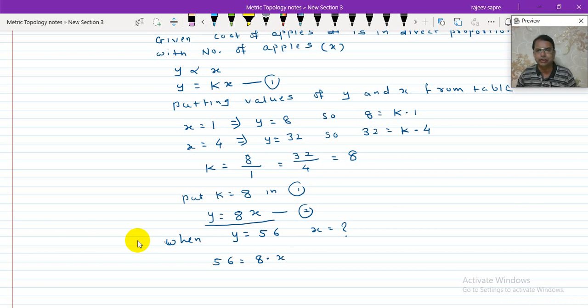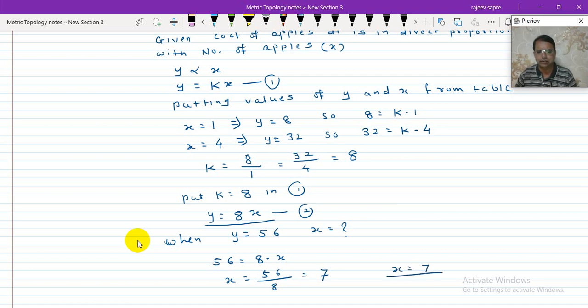We are actually finding x. So when you say 56 is equal to 8x, x is equal to what? 56/8. So if you know the table of 8, it is 7. So this is done. x is equal to 7.